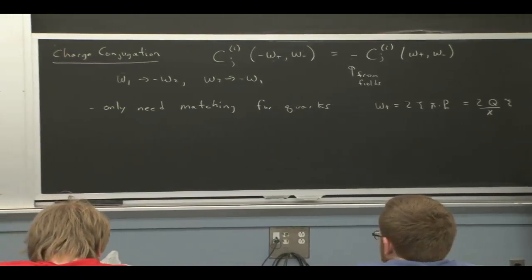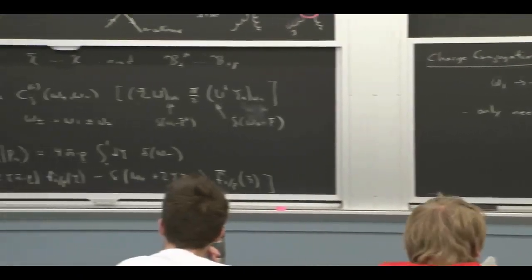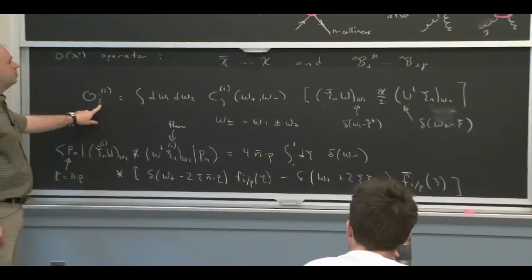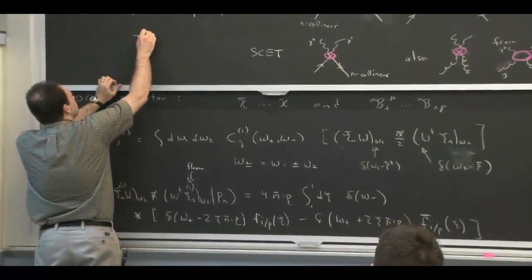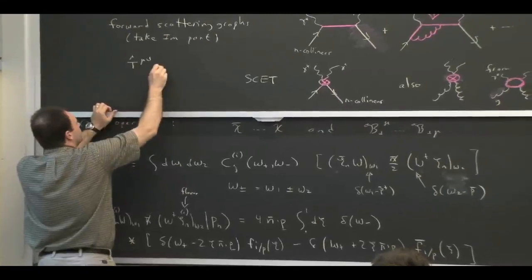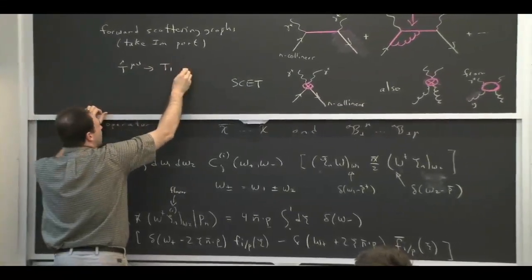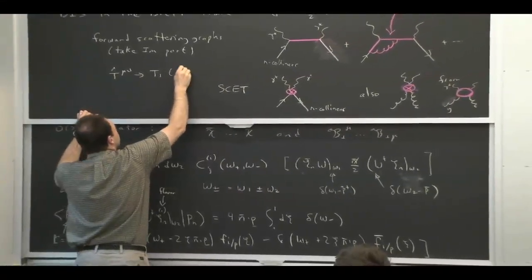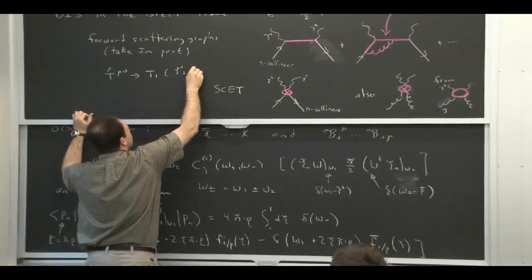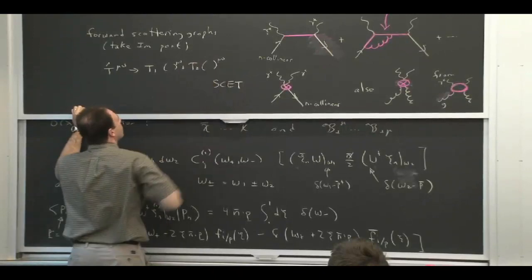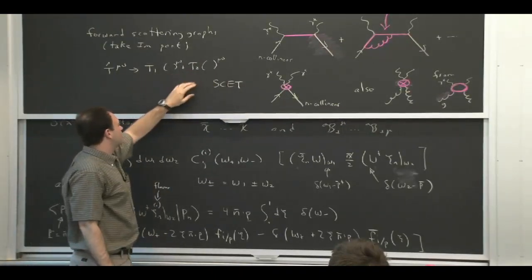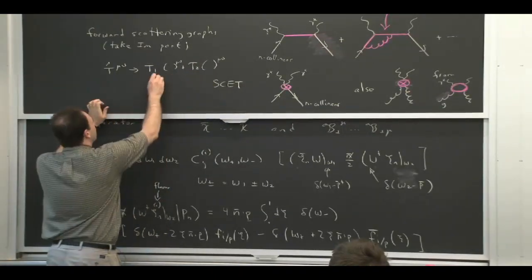Now, there was another index over here, J, which we talked about last time. And that had to do with the fact that we're taking the forward scattering graphs, which are a tensor, and we decompose that into two scalars, multiplying things that had indices. There were two possible things that we could write down. And the index J is just this 1 or 2.